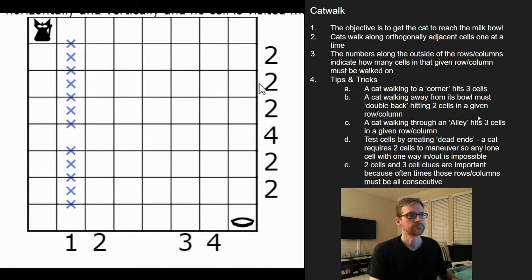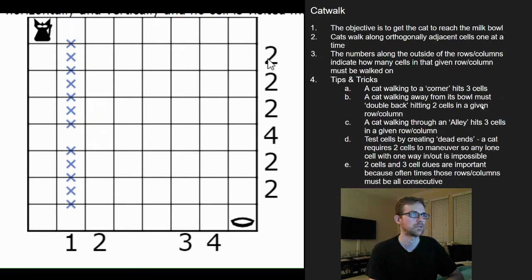And then lastly, the 2 and 3 cell clues are really important because a lot of times they have to be consecutive. So these 2s, for instance, are going to be helpful because I'm not going to be able to walk down this way, right? Because if I walk down this way and I shoot through this alleyway, I'm going to have only one shaded cell, so I'd have to come back up and hit.